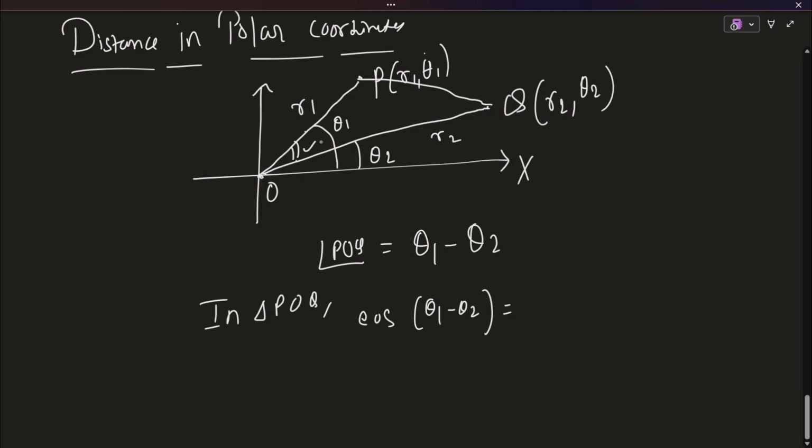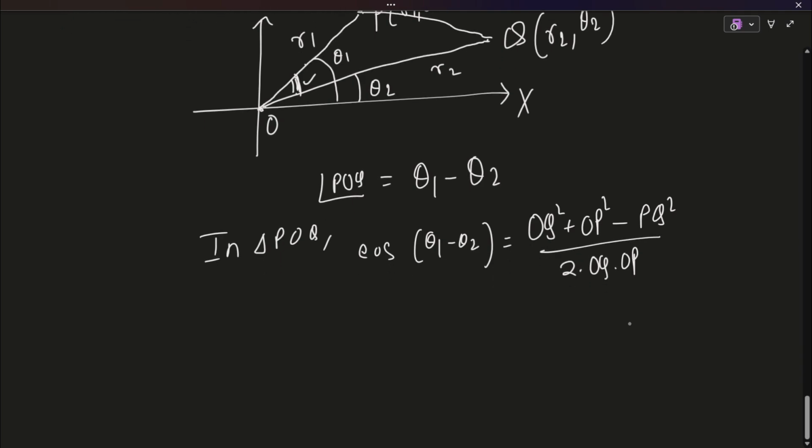So you can see OQ and OP are the sides that make up this angle, and PQ is the opposite side to this angle. So you simply write OQ squared plus OP squared, and then you subtract the opposite side squared of course, divided by 2 times again the adjacent sides, OQ into OP. This is simply the cosine formula for any angle in any triangle.